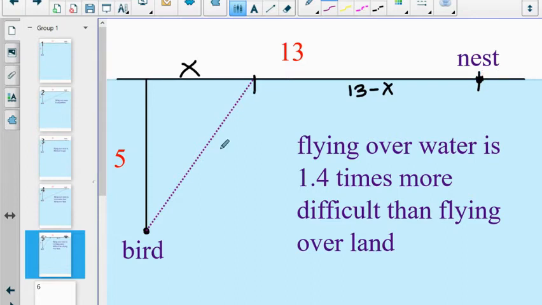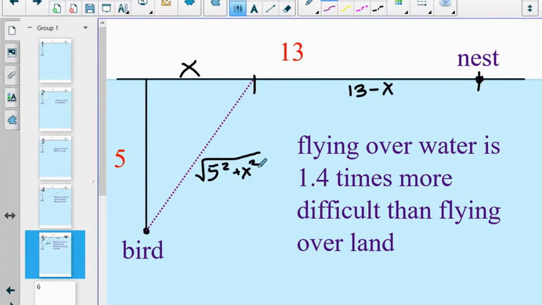And then this distance, the distance from the bird to the place where it hits the shoreline, well, that's a Pythagorean theorem problem. 5 squared plus x squared equals that distance squared. So this distance ends up being the square root of 5 squared plus x squared. Again, just coming from the Pythagorean theorem.